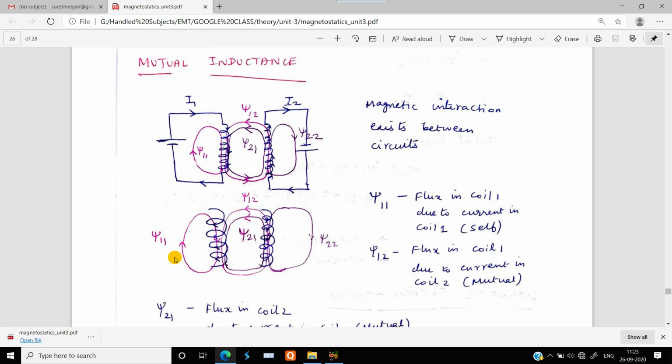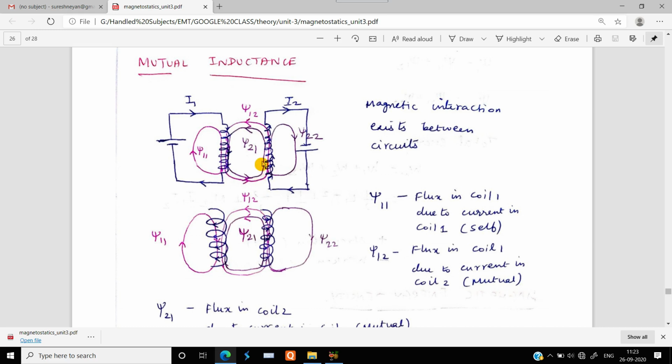If you represent the right hand thumb in the direction of the current, and the other fingers represent the magnetic flux direction, then this psi 11, that is going to be the flux linkage of coil number 1 in coil number 1 itself, the linkage of the flux is going to be acting along the clockwise direction.